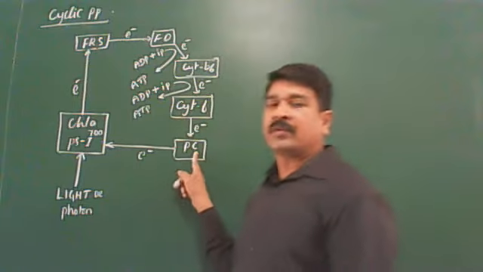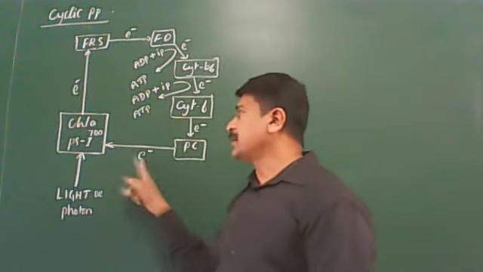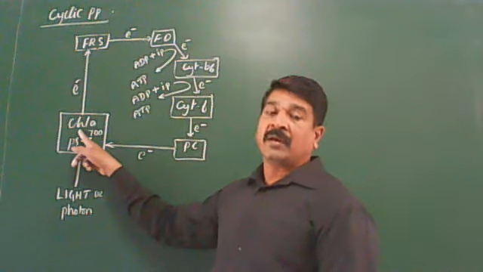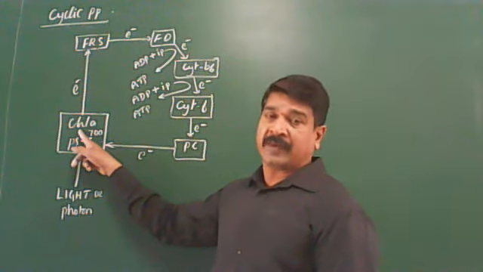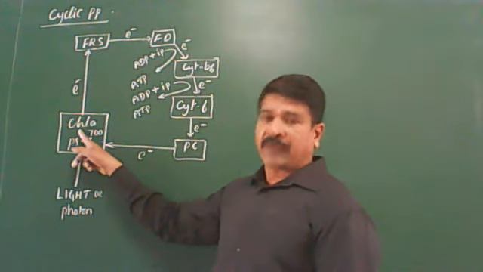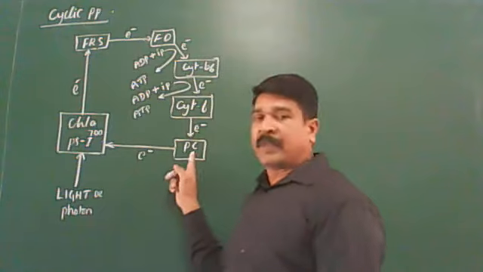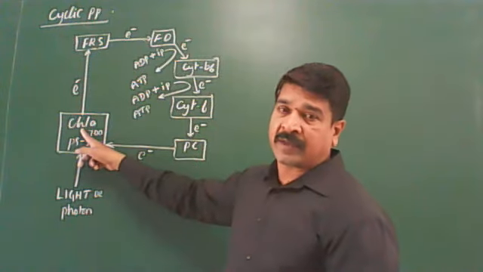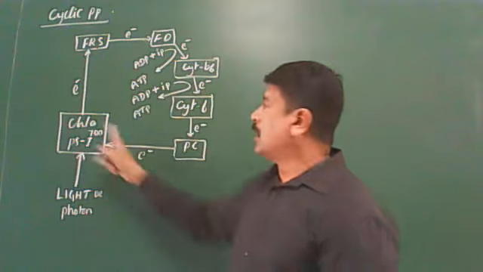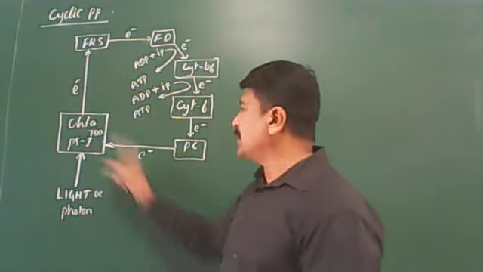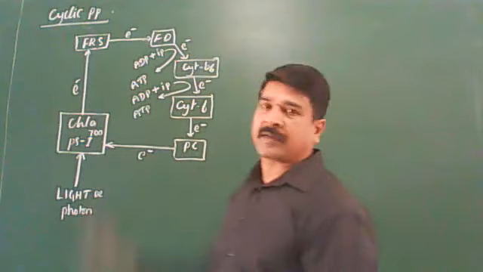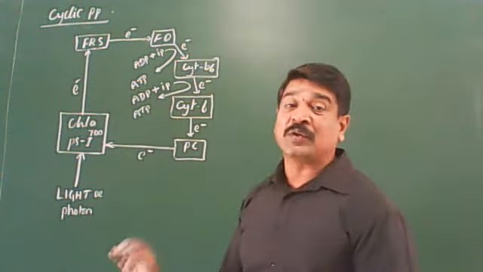Finally, from the plastocyanin, electron is transferred to ionized chlorophyll P700. You remember this. On receiving the last electron, it becomes reduced.